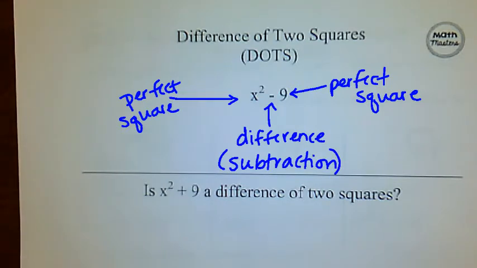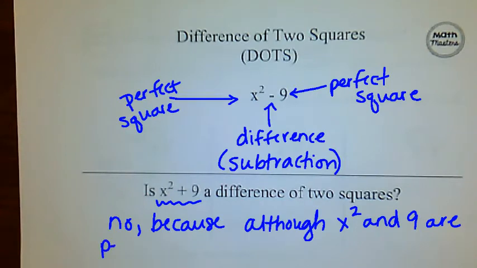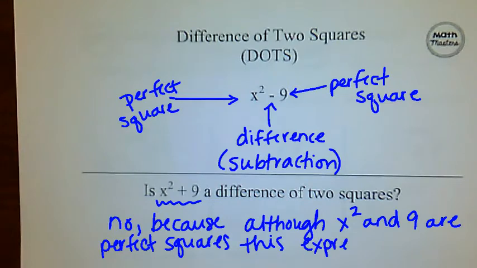So if you look at this expression right here, x squared plus 9, this is not a difference of perfect squares, because although x squared and 9 are perfect squares, this expression is a sum.